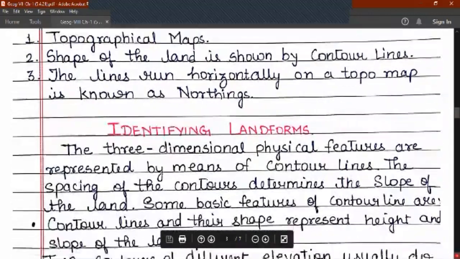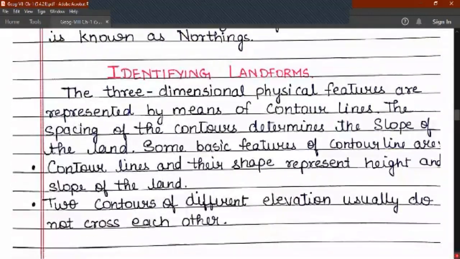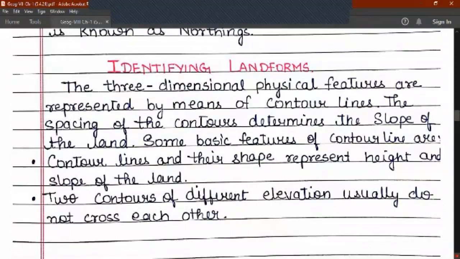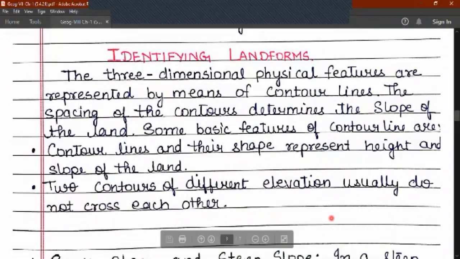Now let us continue the topic and discuss identifying landforms with the help of contour lines. The 3-dimensional physical features like hills, mountains, ridges, etc. are represented by means of contour lines.